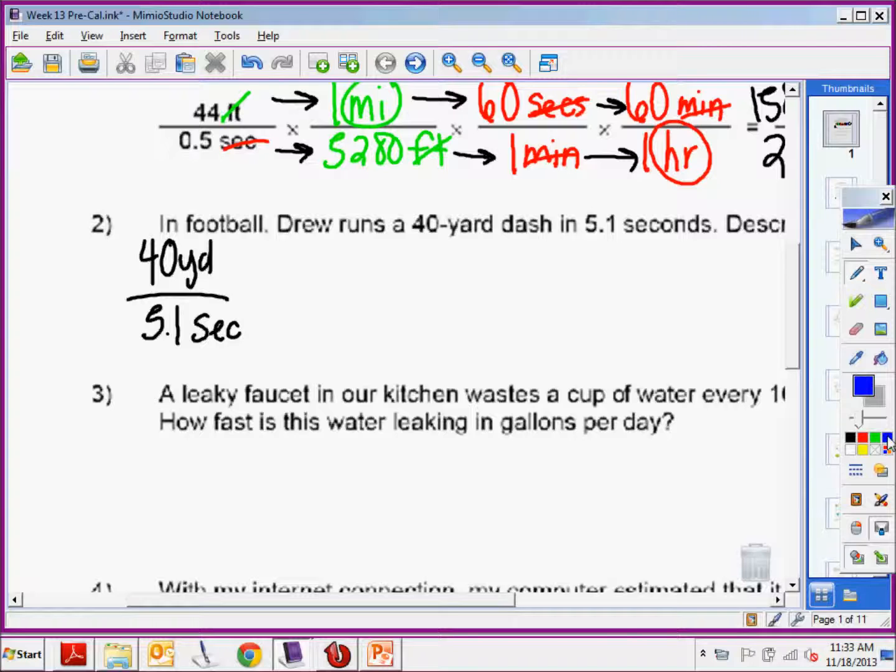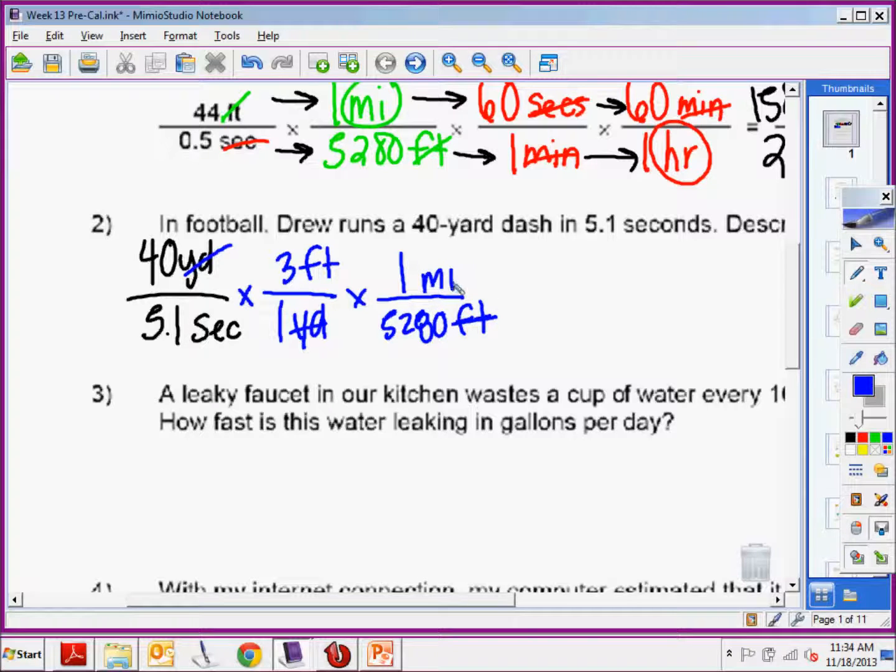Or I could have gone straight from yards into miles, because 1 mile is 1,760 yards. But we can do what we know. So we're going from yards to feet. 1 yard we know is 3 feet. Then you go from feet to miles, cancel out my feet, and now I'm in my miles.